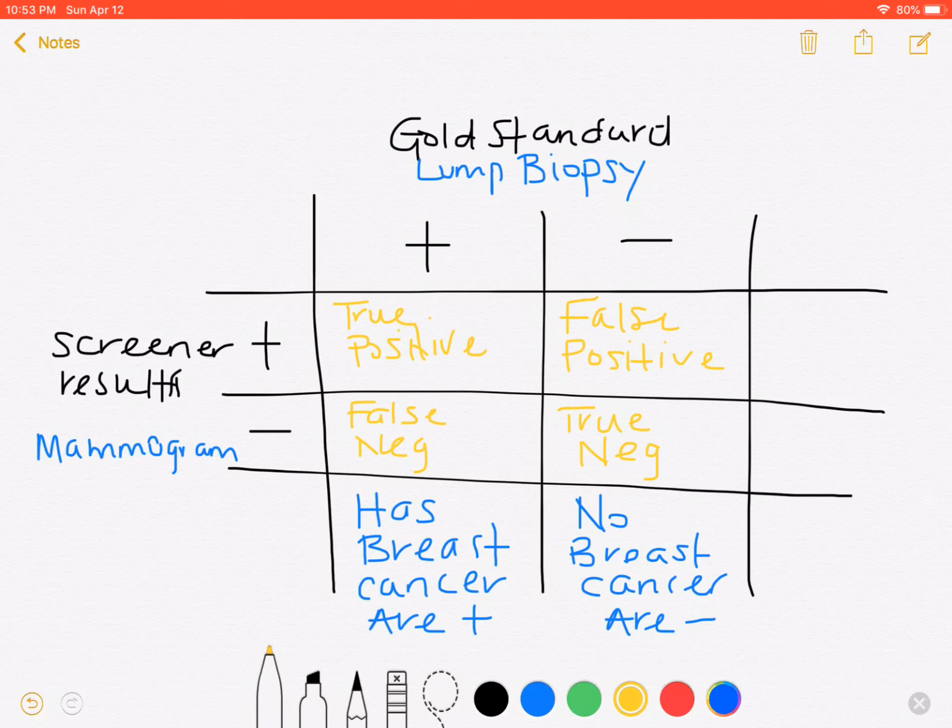So what are these boxes over here on the right? These boxes are all who screen positive, all who screen negative.